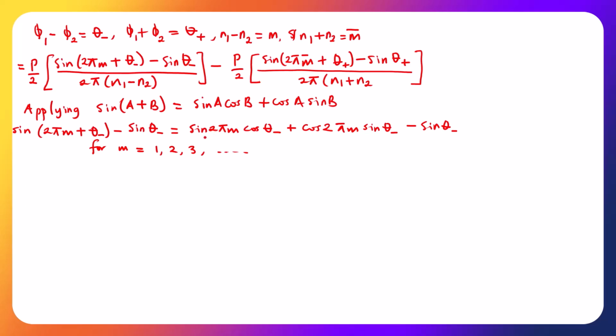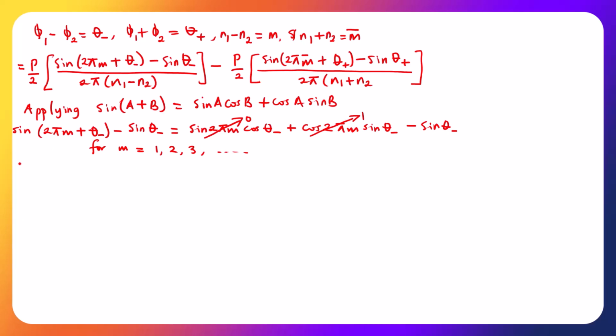So this expression gives us 0 automatically. In the same vein, for m equals 1, 2, 3, we know that cos of 2 pi gives us 1. Cos of 4 pi gives us 1.